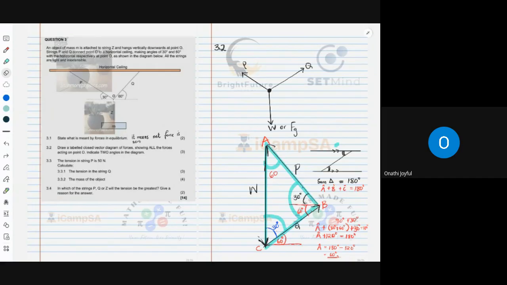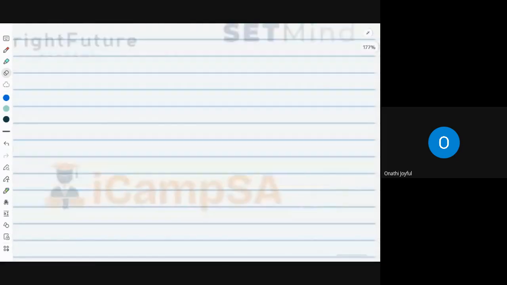You can do more for practice. I'll give you another homework. I think I have another equilibrium example. I'll give it to you, then you guys try it out. But for this lesson, we have to end at 8:05.